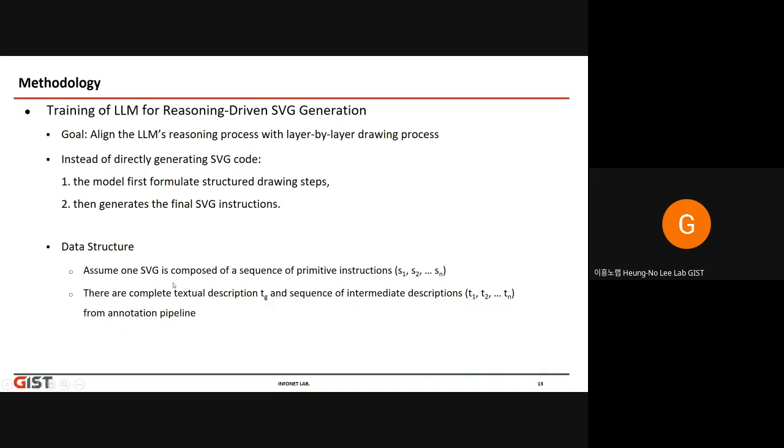They assume one image file is composed of a sequence of primitive instructions, and for each of them they have a sequence of intermediate descriptions and a complete full description.